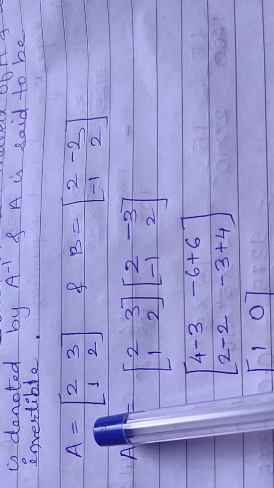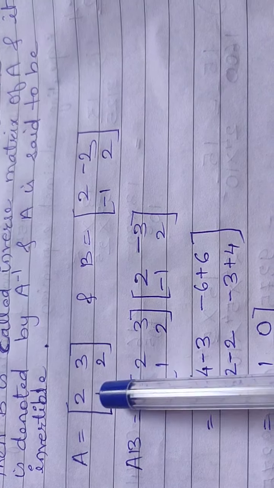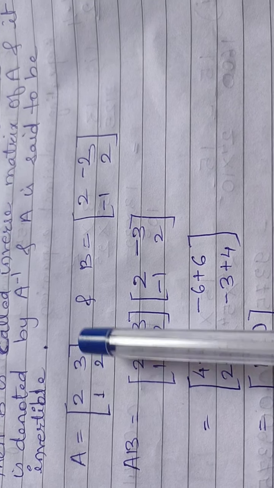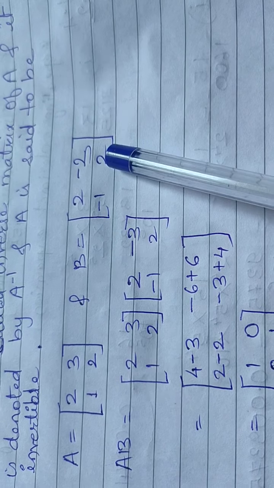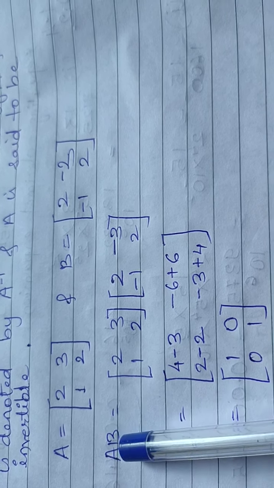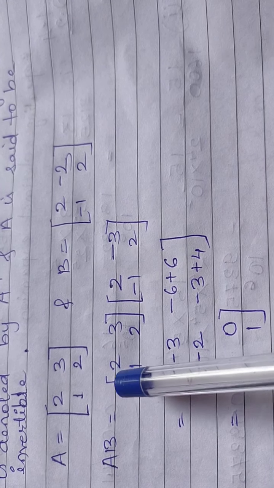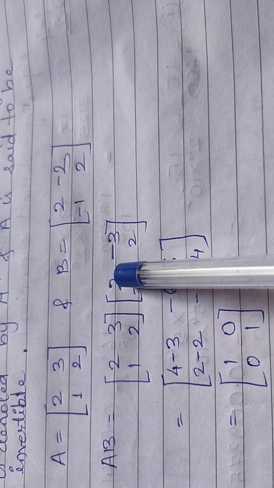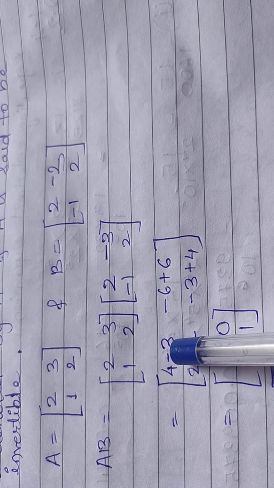For example, this is the matrix A, a 2 by 2 matrix, the elements are 2 3 1 2, then matrix B is 2 minus 3 minus 1 and 2. We'll find the matrix multiplication AB, A into B. This is row into column multiplication. So we get 2 into 2, 4 and 3 into minus 1, minus 3 as the first element.